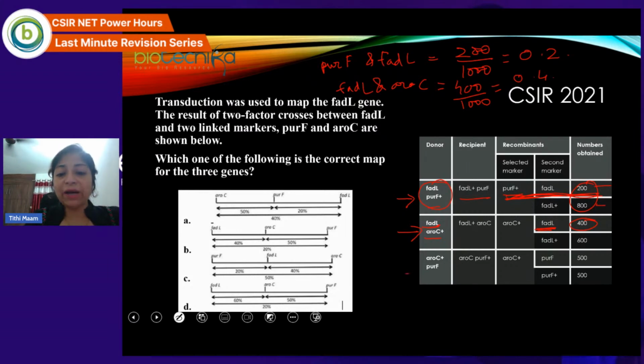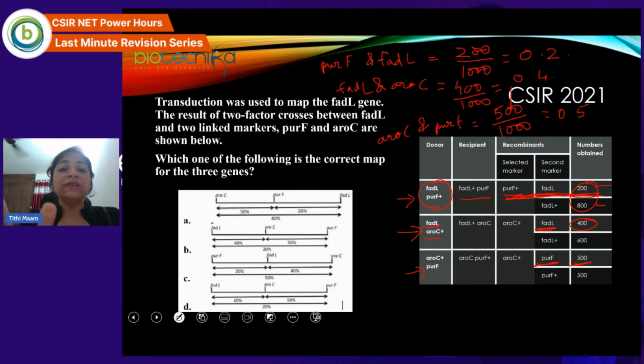Now the next part is very easy. Again, in the same way we will find the co-transduction frequency of AROC and PERF. This is 500, and this is the number we will take. So 500 by 1000, so it is 0.5.